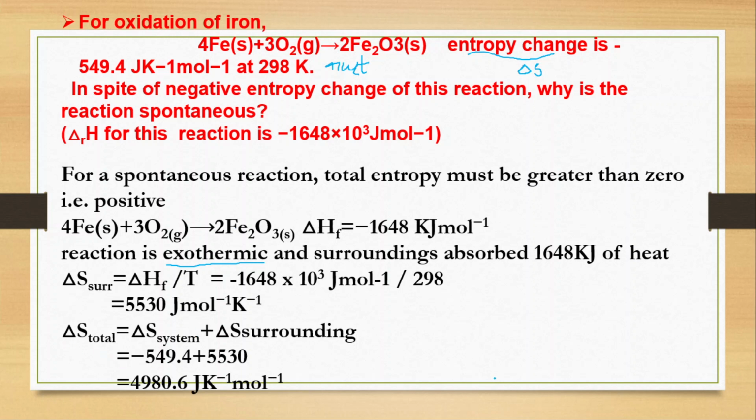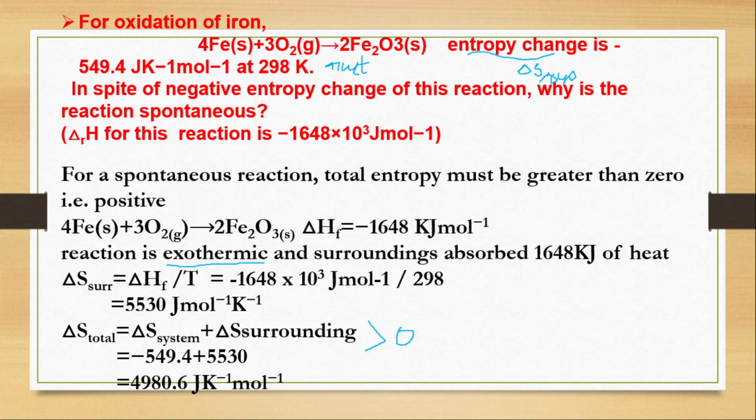When you consider a spontaneous process, it means delta S total should be greater than 0, not the delta S of the system. Whatever is given here, they have given for the system, not for the total entropy. We call that the entropy change of a system.